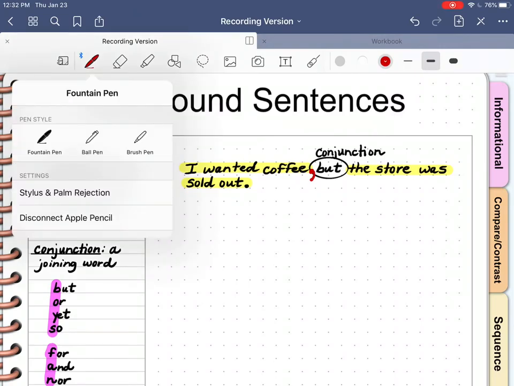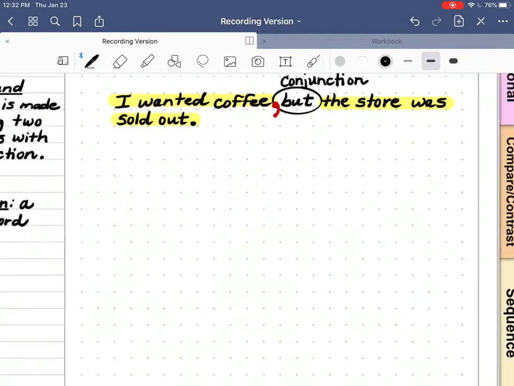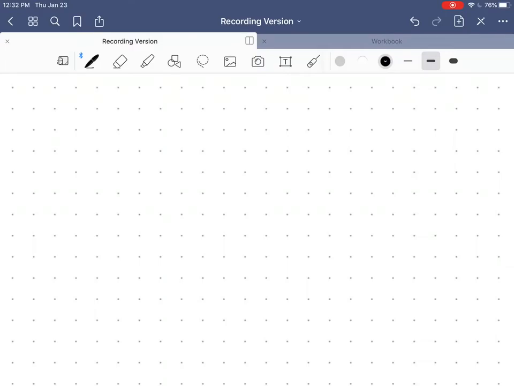Okay, here's another sentence. Our next one is the conjunction or. So let's zoom in so that we're just focusing on this sentence. Do you want cake?